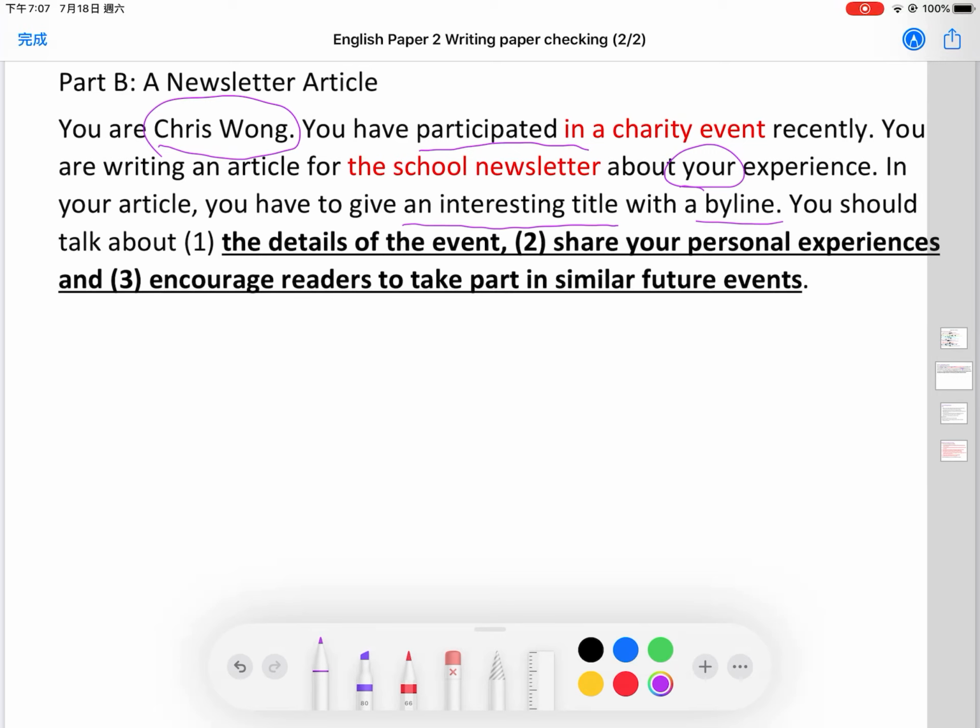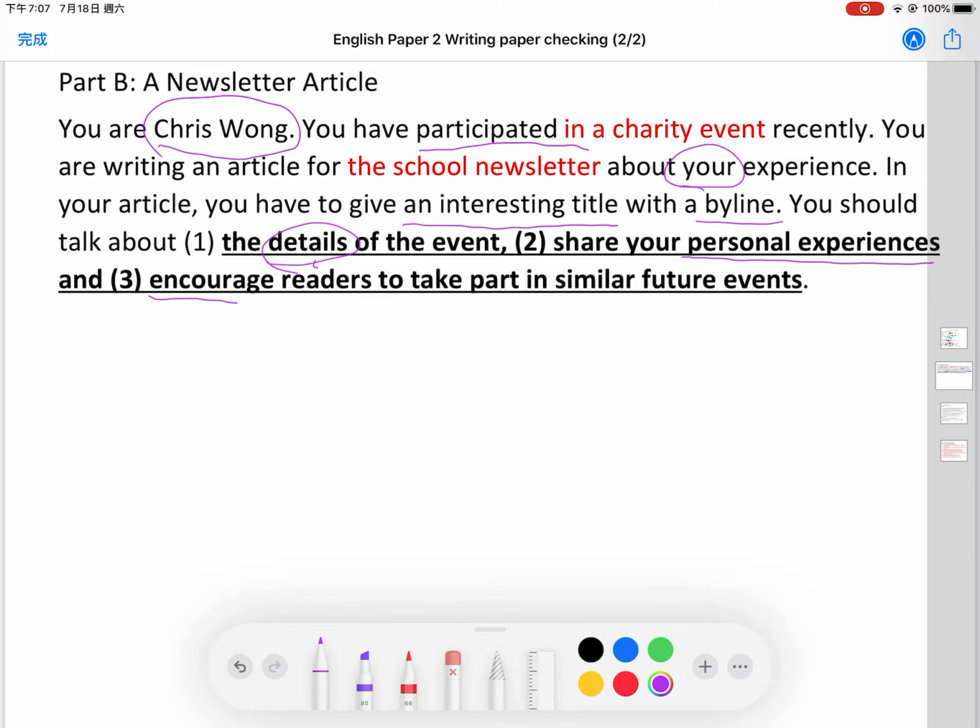You should talk about first the details of the event, like when was it, where was it, who were there, okay, and what did you do. And second, you have to share your personal experiences, something that you did during that charity event, like how much money did you spend for the charity sale, or how far did you run for the sponsored run.